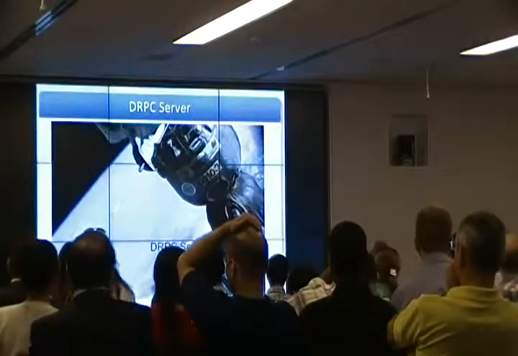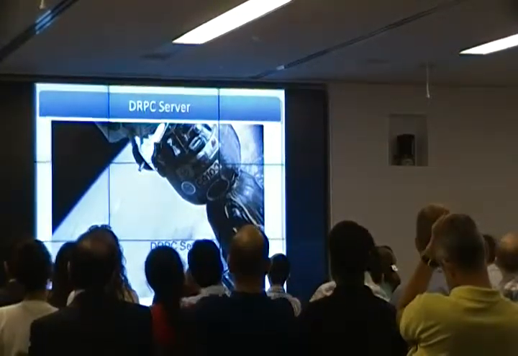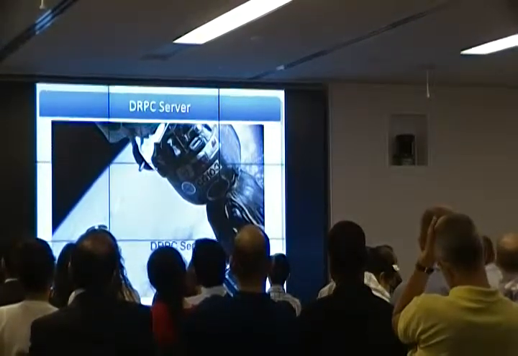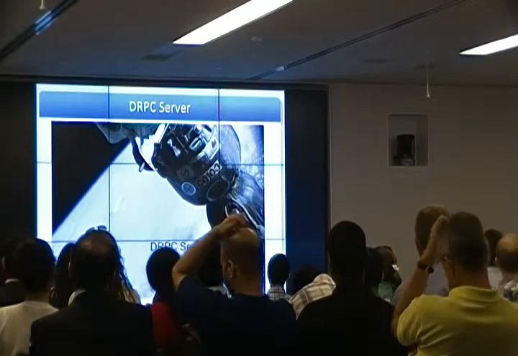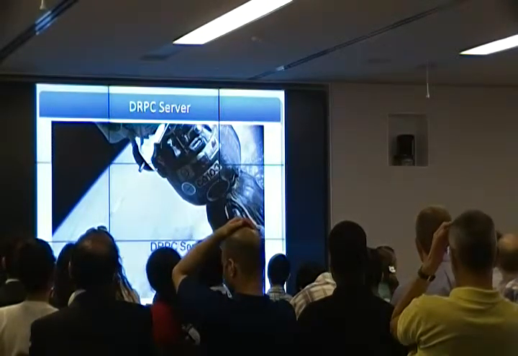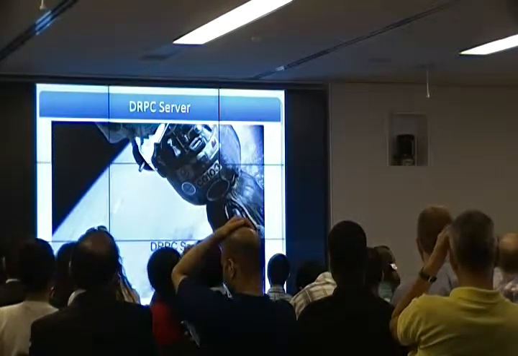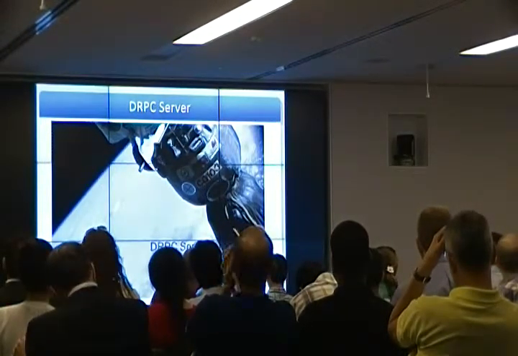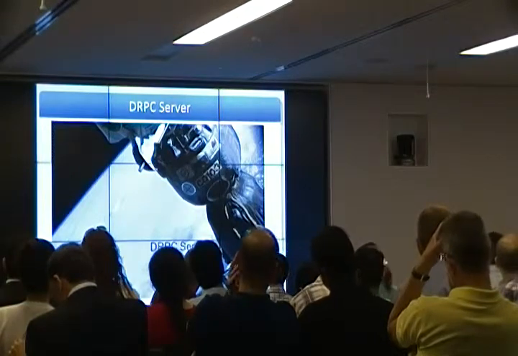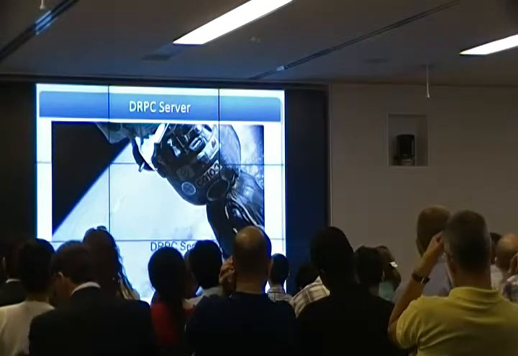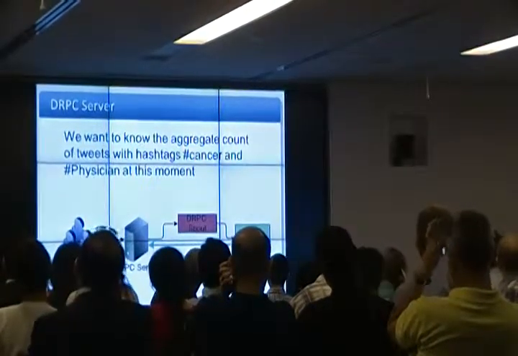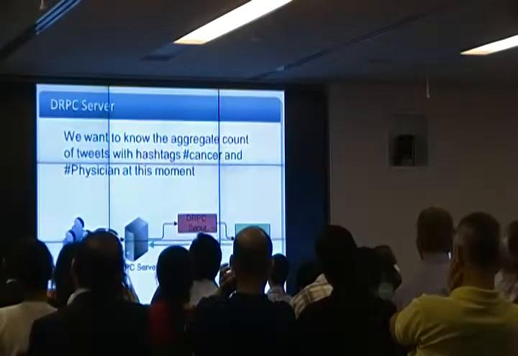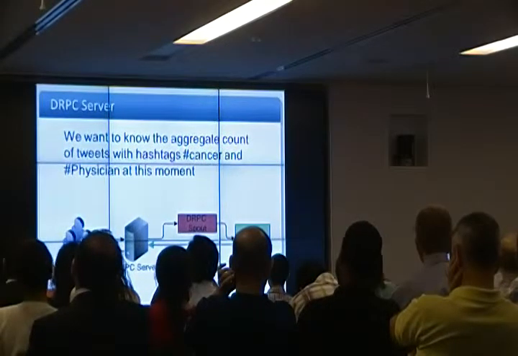And also Trident has this feature called the DRPC server. What the DRPC server does is, let's say you want to ask your Trident topology some complex questions. Let's say how many tweets I got for the last month. That requires a lot of power. So it's basically a remote procedure call against distributed computing. So for example, we want to know the aggregate count of tweets with hashtag cancer and physician at this moment, in real time.